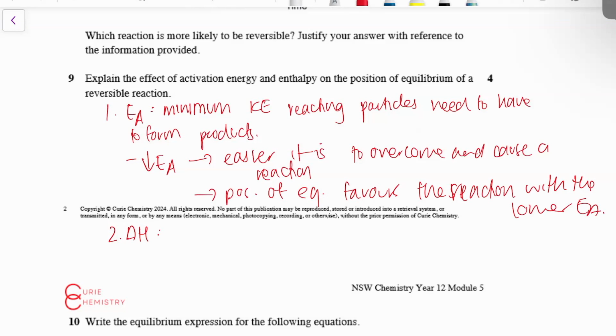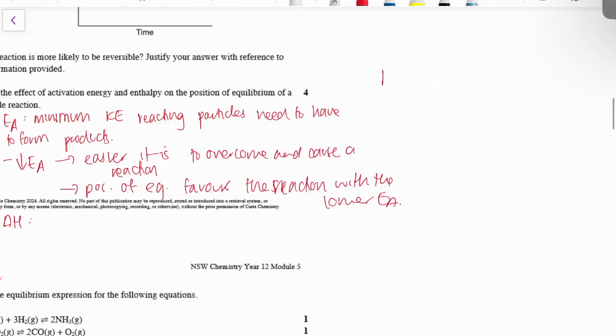Now, just keep in mind that let's say you have a reaction, reactants turning into products. If the forward reaction has a lower activation energy barrier, what that means is that it actually prefers shifting to the right. So the position of equilibrium is on the right-hand side. Sometimes we think of forward reaction and we're like, oh, you are starting at the left, but it means over time you're going to the right.